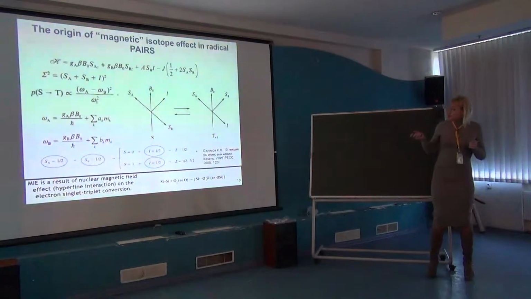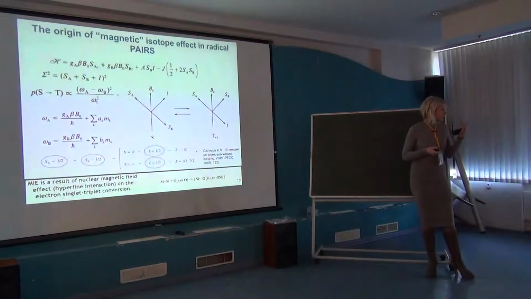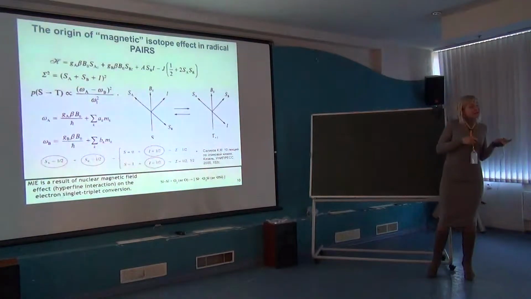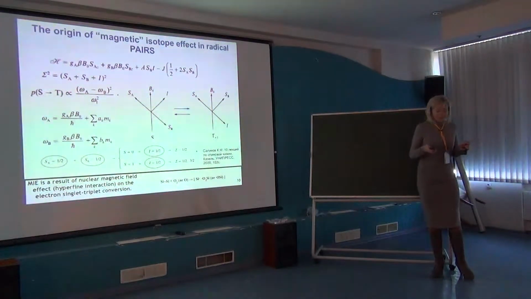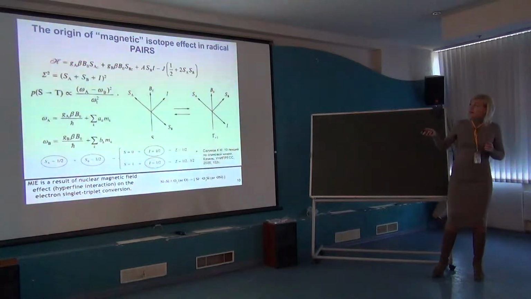If you have a situation with three spins, you can transition between singlet and triplet state more easily. Just a magnetic field from the nuclear spin or an external magnetic field makes it possible to change this projection without any energy. And this effect is named the magnetic isotope effect: the nuclear spin can manipulate a chemical reaction.